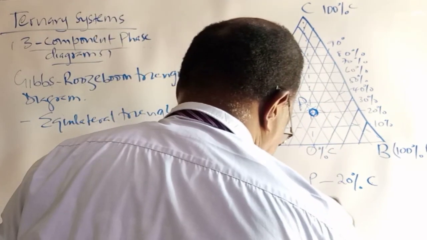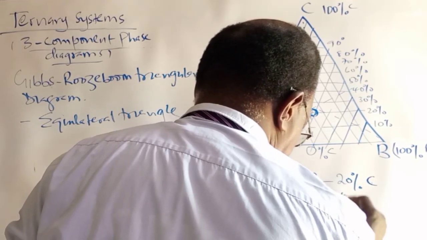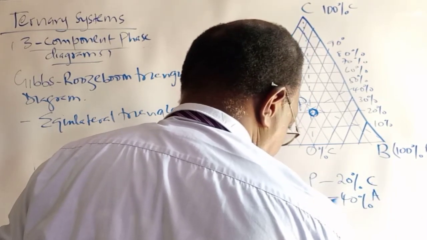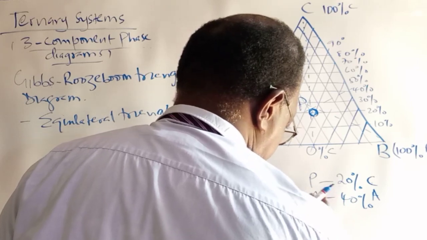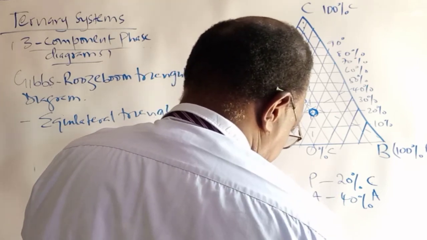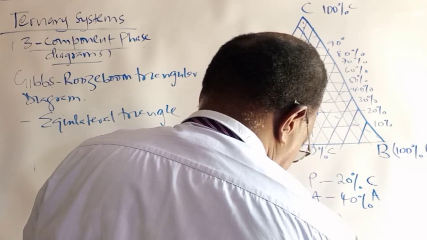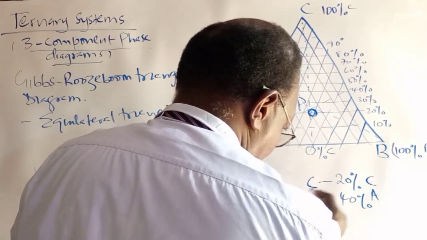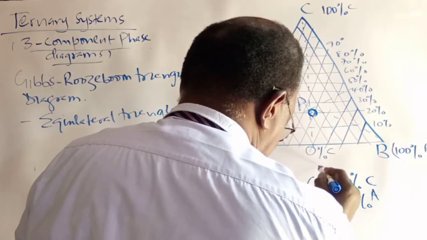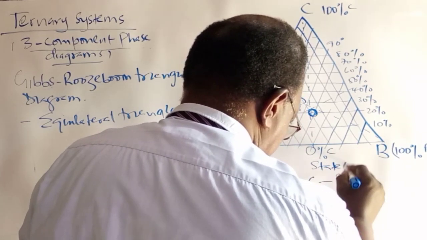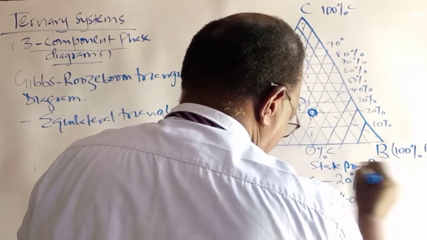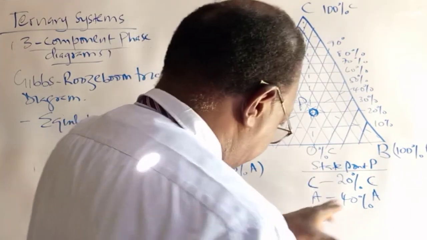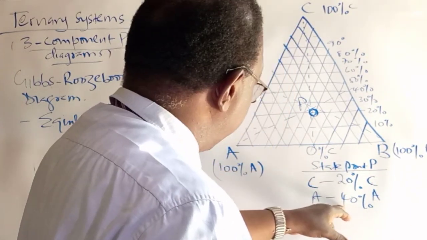So at BA should be 40% for A, and for B, that is B, this is for C. That's state point P. For B, definitely it is 20, 40, that's 60.